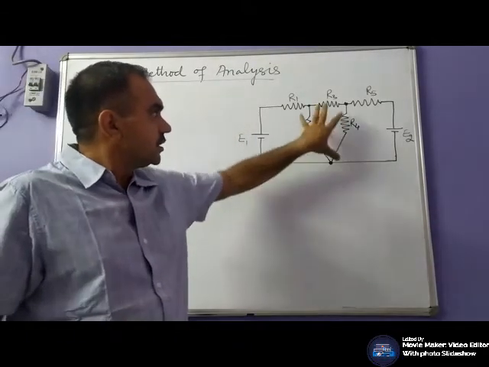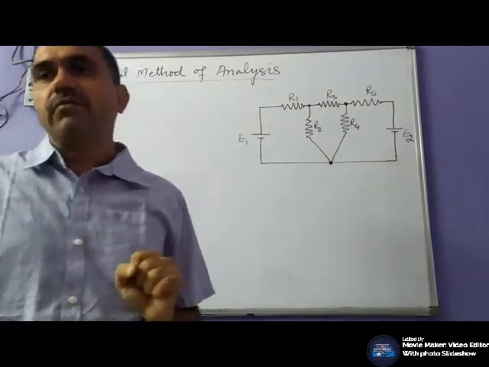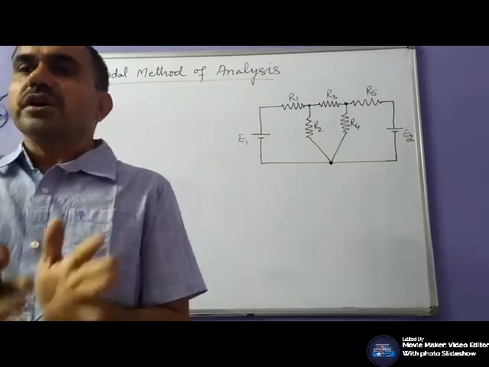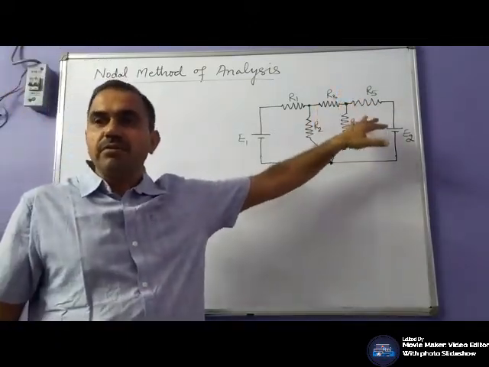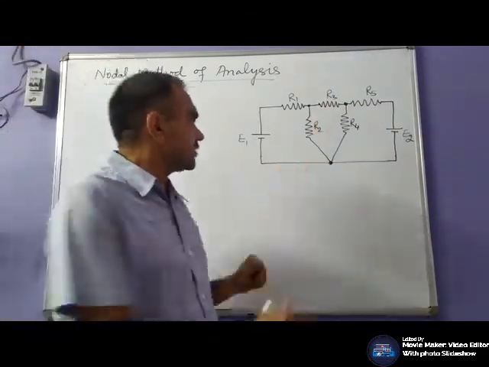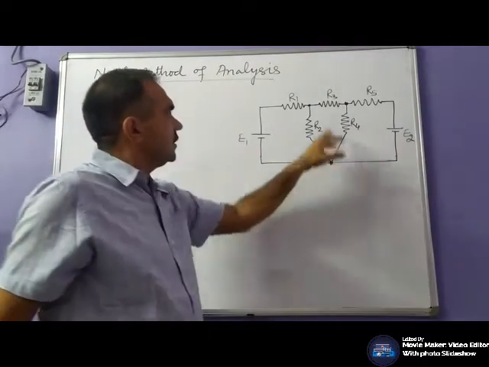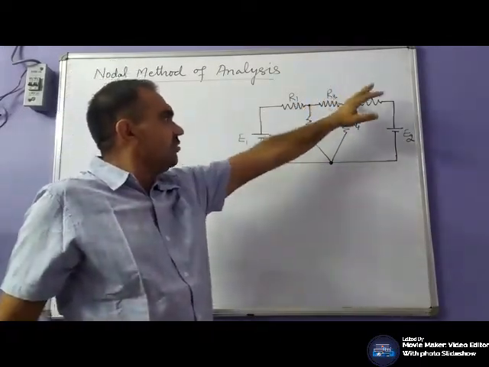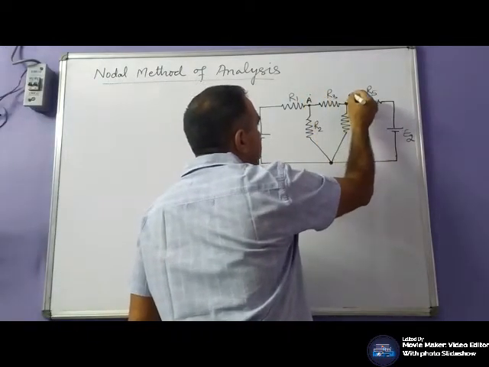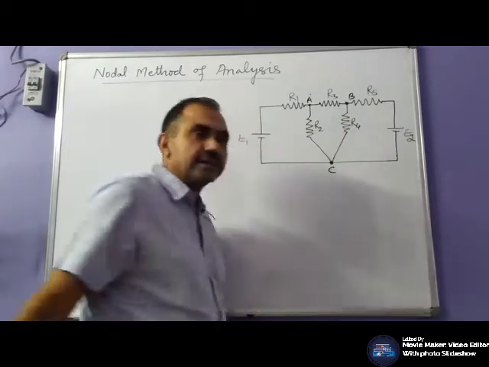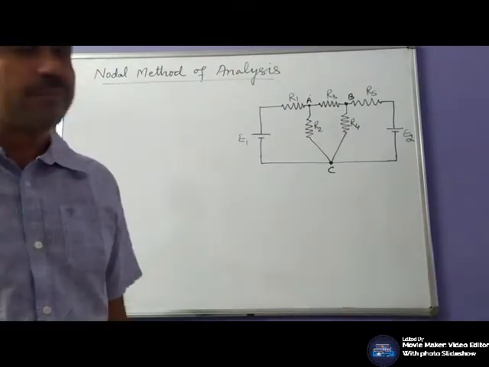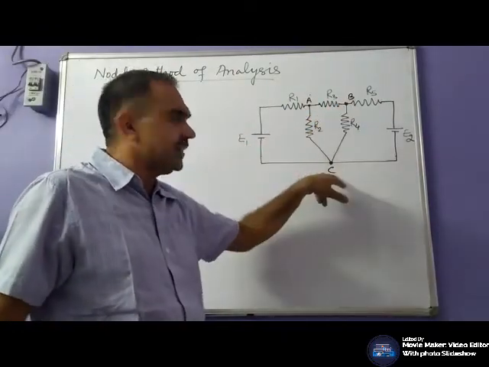Out of these three nodes, one node is to be considered as a reference node, which is connected to all other nodes through a branch. Here you can consider any of the nodes, A, B, C, as a reference node, because this node is connected with this and this.